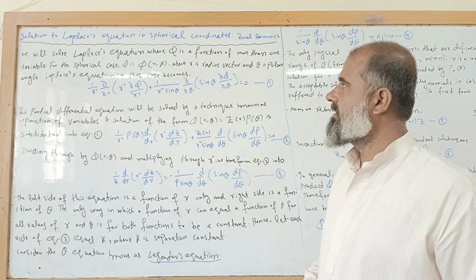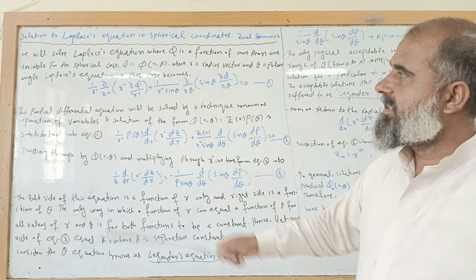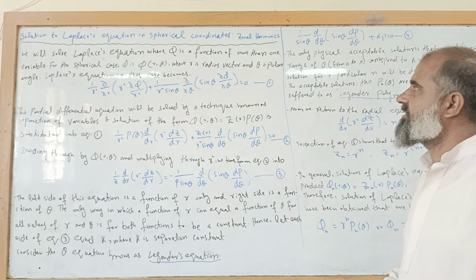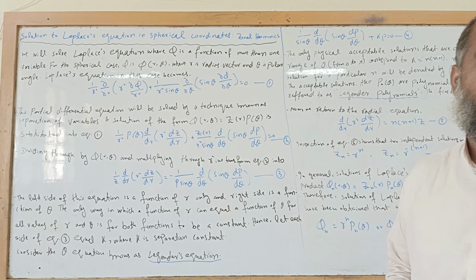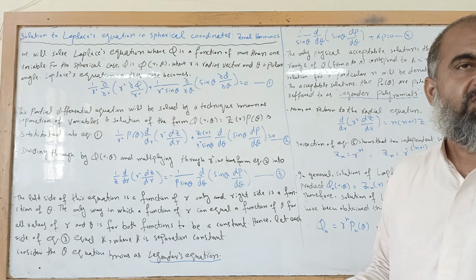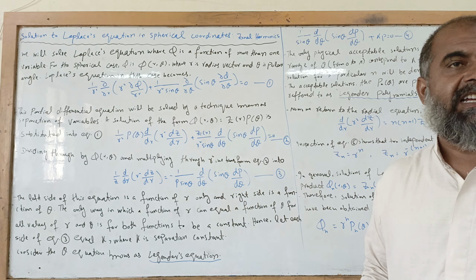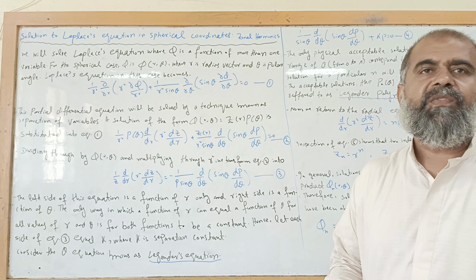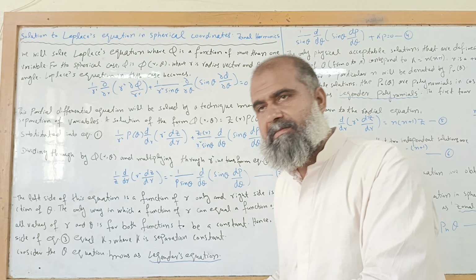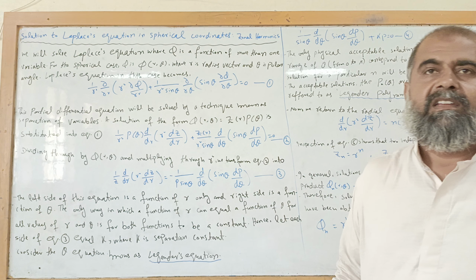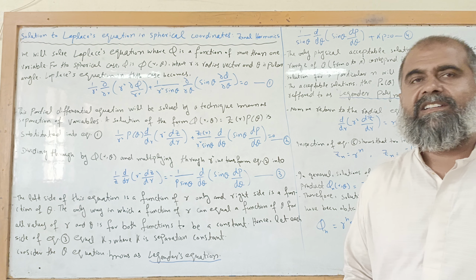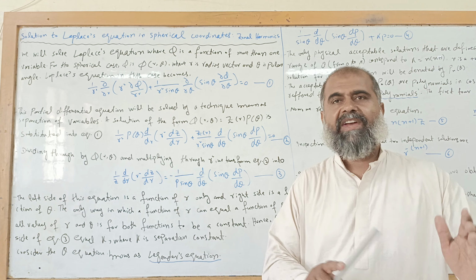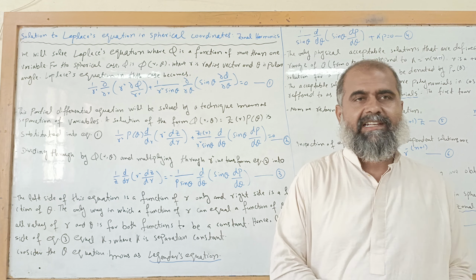So we start. We will solve the Laplace equation where phi is a function of more than one variable. We know that phi is the potential, the variable of the Laplace equation. If it is a function of more than one variable, in the rectangular coordinate system you say it's a function of x and y, not only x.